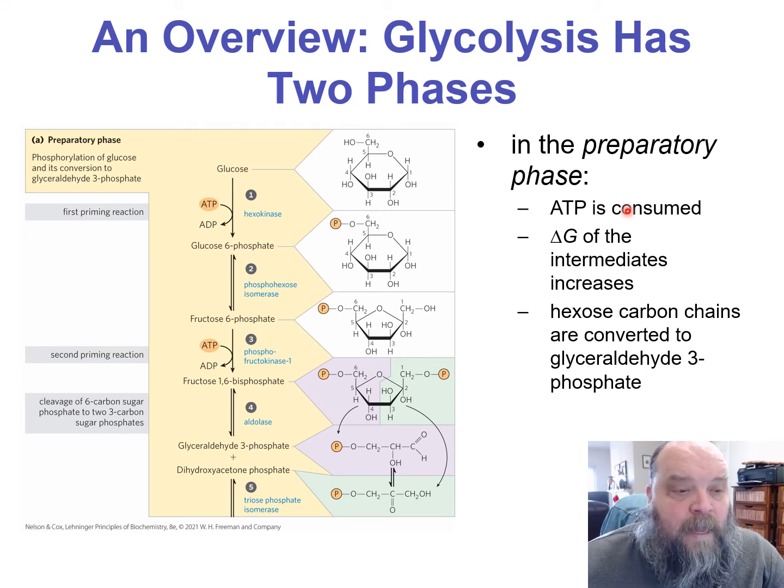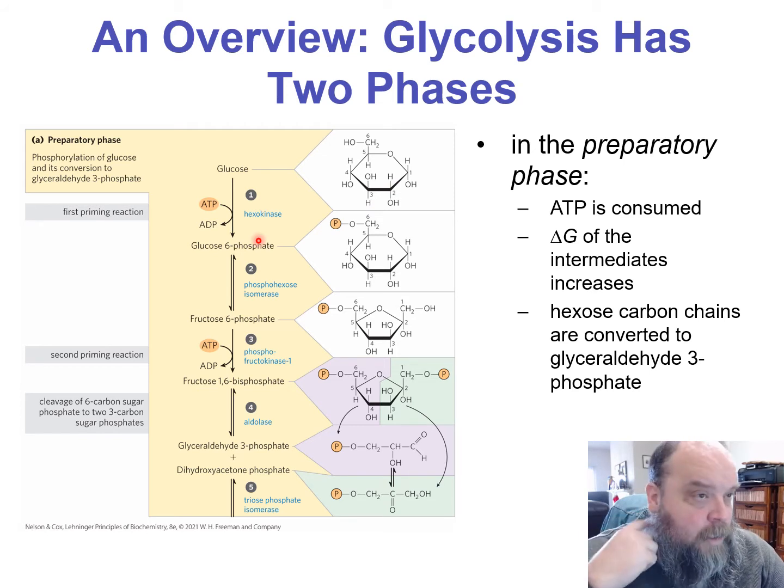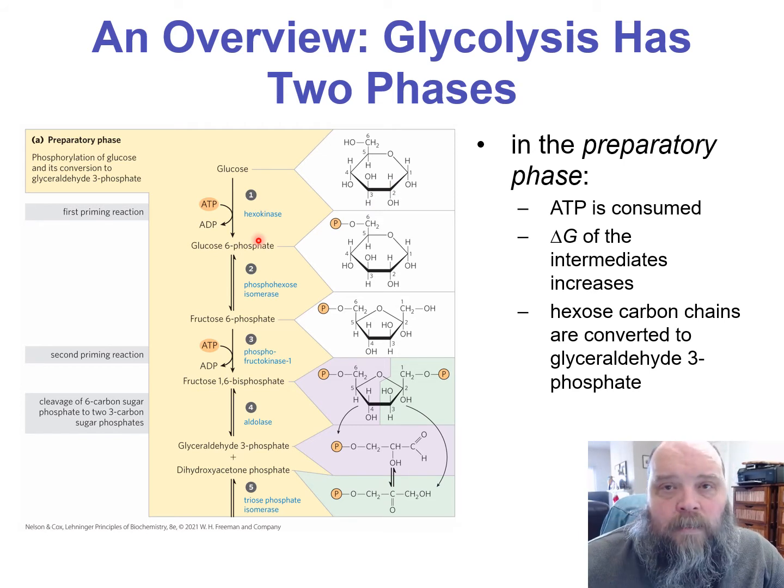The preparatory phase takes glucose or any of the other sugars, we'll talk more about that later, and immediately imbues some energy into the reaction mix. How does it do it? Well, ATP is hydrolyzed down to a diphosphate, and that terminal phosphate is now added to glucose, hence glucose 6-phosphate.